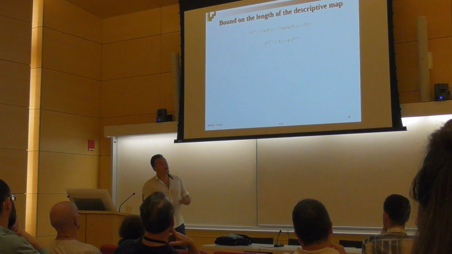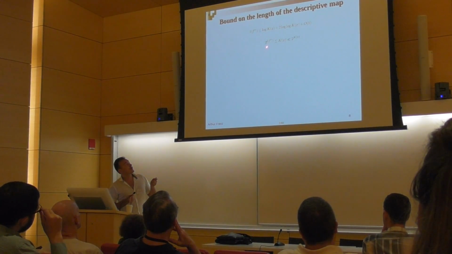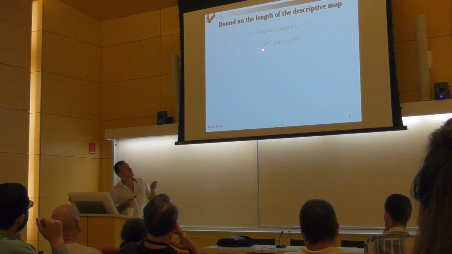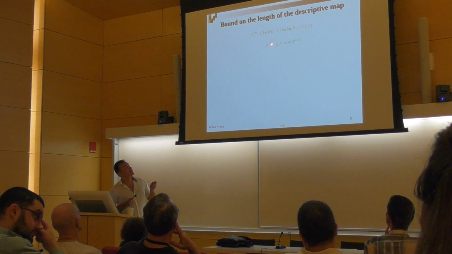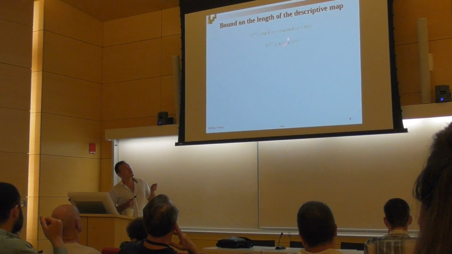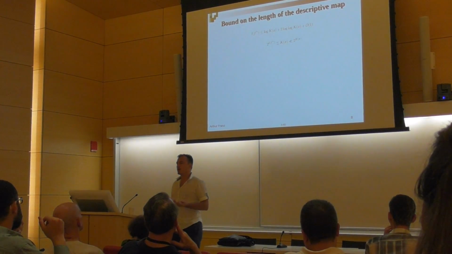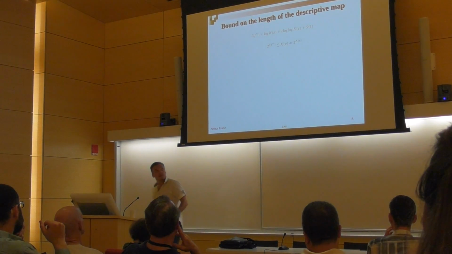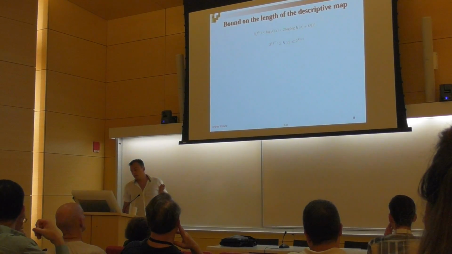And if you also search for the descriptive map, it will take you time 2 to the power of the length of the descriptive map, and that's roughly the Kolmogorov complexity. So that's how many steps you need in order to find it, which is not a lot, right? And it's, again, much smaller than the non-incremental Levin search.